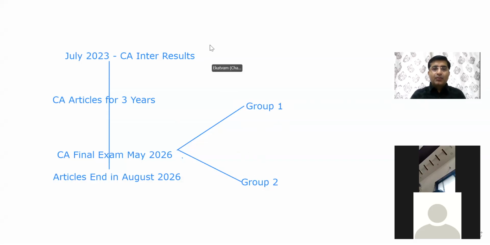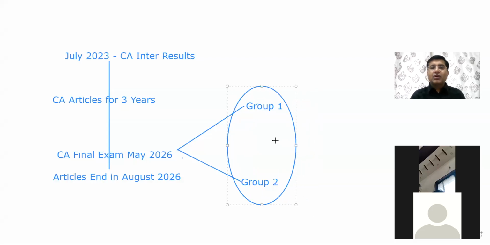Once you clear both the groups of your CA final, right? जब तक both groups clear नहीं होते हैं, तब तक you are not called chartered accountants. Once you clear both the groups of your CA final, then you are treated as the chartered accountant in the month of August of 2026. July will be the month in which you'll be getting the results for your CA finals.